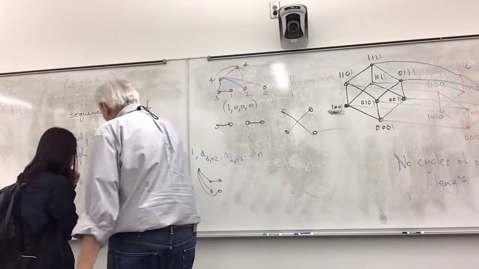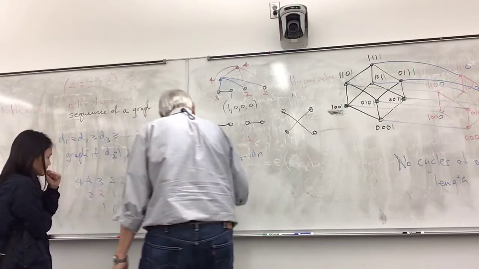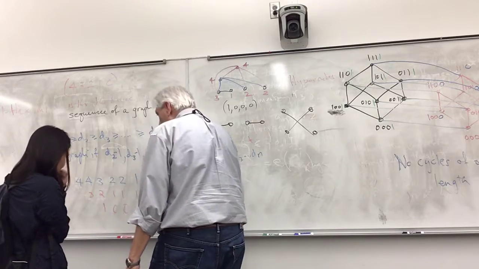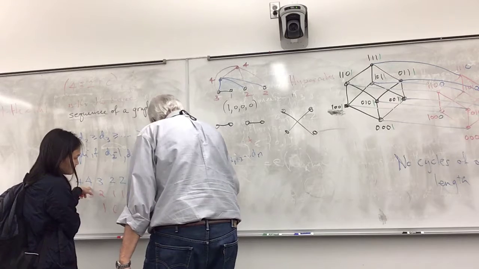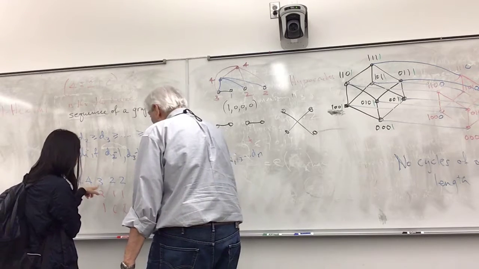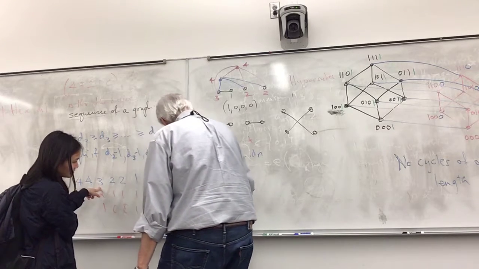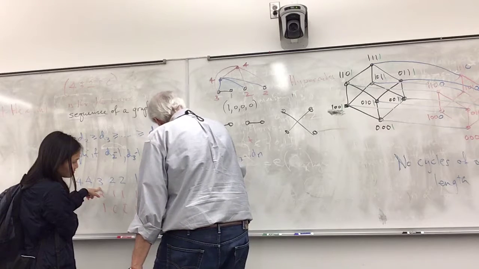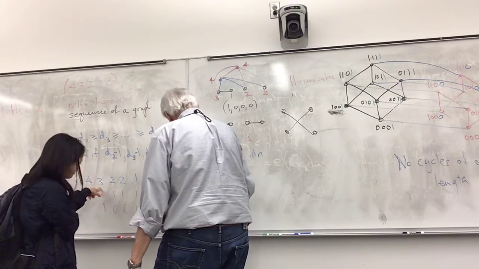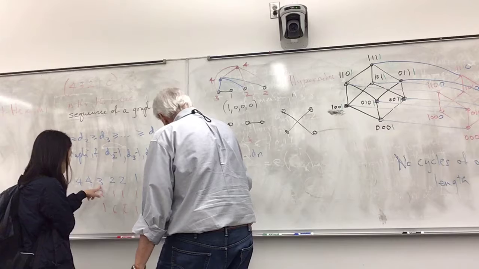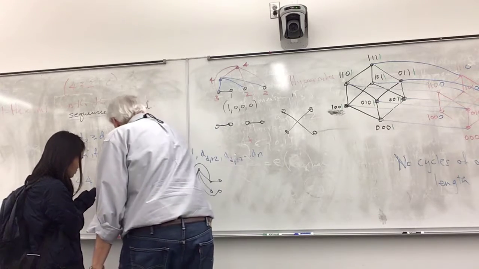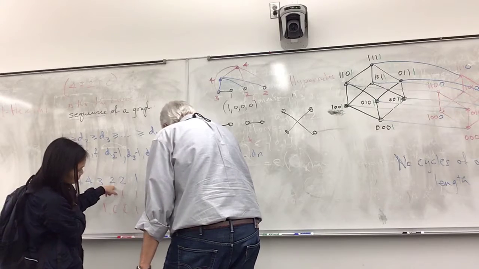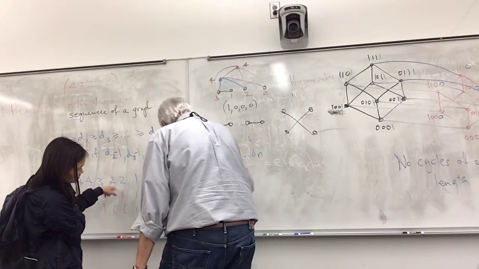Okay. And now the next one is going to be a 4. So I'm coming in with a vertex of degree 4. I need to join it to the vertex of degree 3, and that's the only place for the vertex of degree 2. And now I need a 2 and a 2.